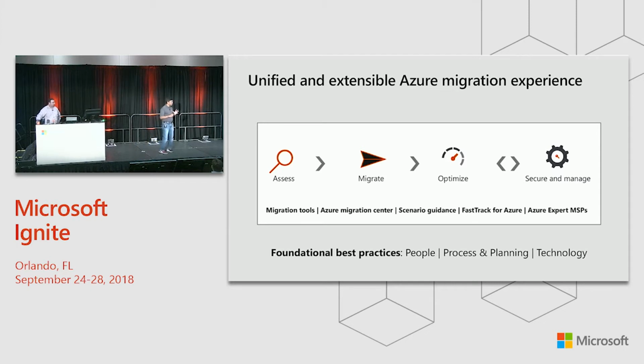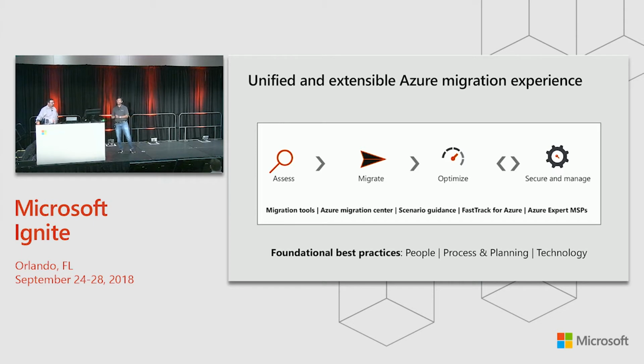What you see on the top, those 4 icons, are basically the 4 stages in the journey of Azure migration. You start with assessing and discovering what's in your on-premises environment. Then the next step is migrating. That is taking what you discovered, figuring out what's suitable to migrate to Azure, and then actually migrating it.